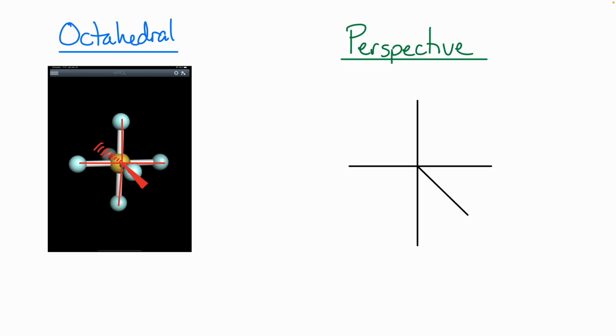Cool. So the goal here is to read these perspective drawings to be able to tell what geometry they are conveying. Again, keeping in mind that these wedge bonds are a bond that's sticking out of the page, and these dashed bonds are pointed back into the page. All right.